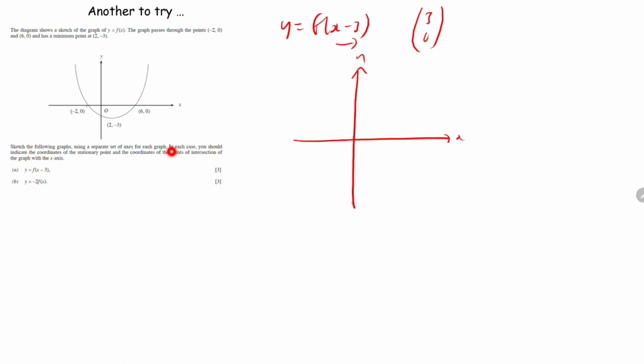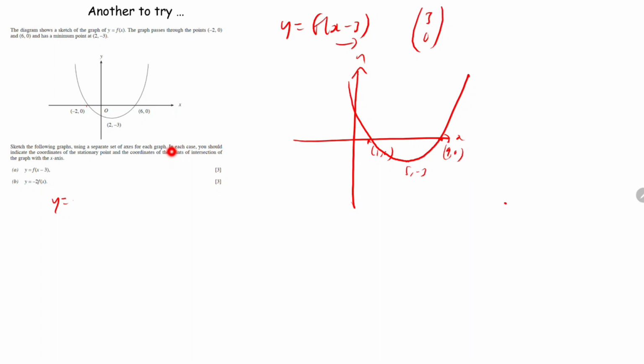So that's going to be at -2 plus 3, which is (1, 0). This one's going to go 3 to the right, so it's now going to be (9, 0). And this one is going to be at 2 plus 3, which is (5, -3). And the graph has moved to the right by 3.